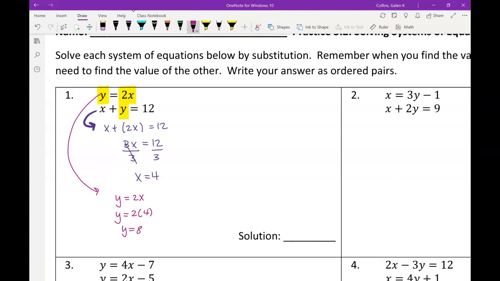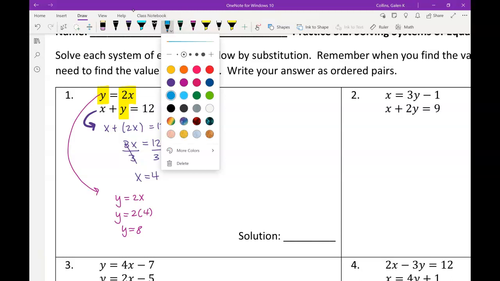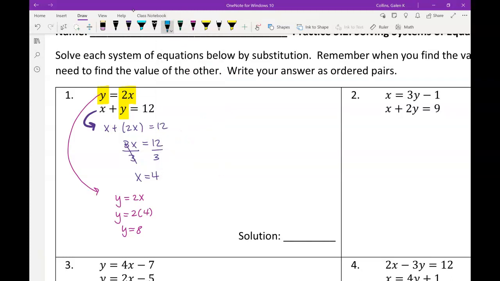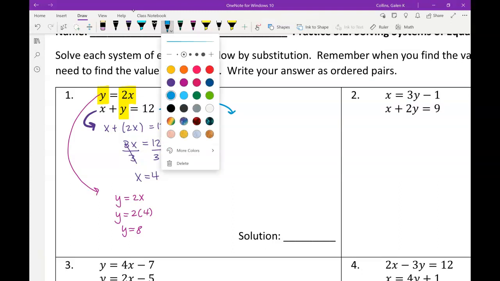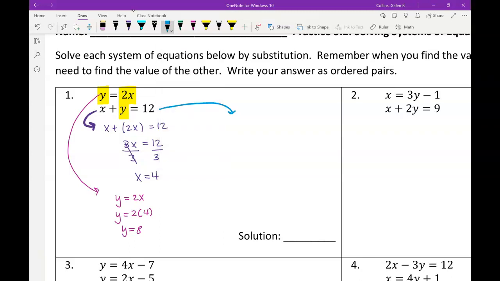So this should be our solution, but we have a way of checking to make sure our answer is correct before we move on. Let's use my other equation. If I take the equation x plus y equals 12 and plug in both the values of x and y that we just got, we should see that they work.